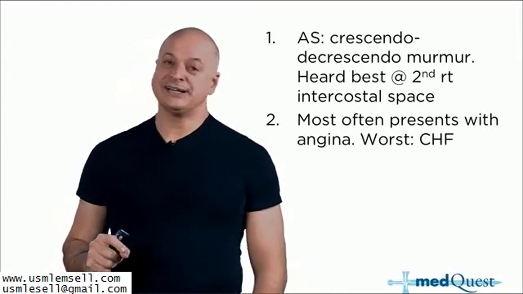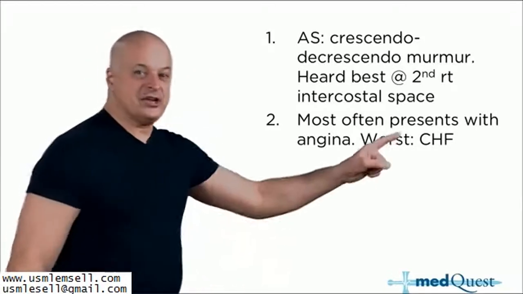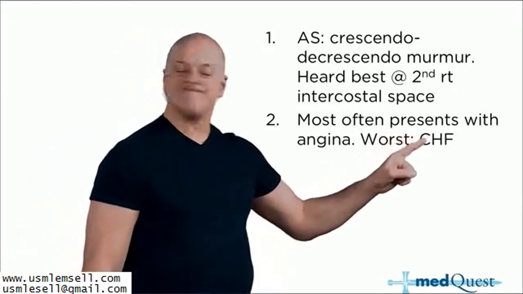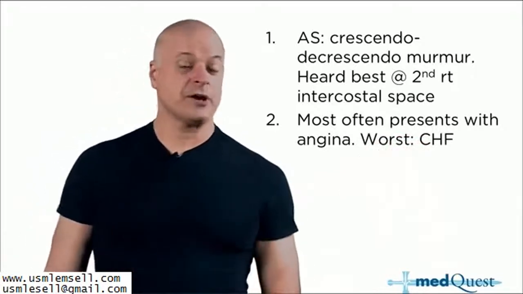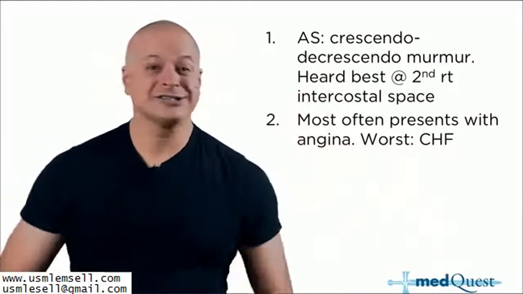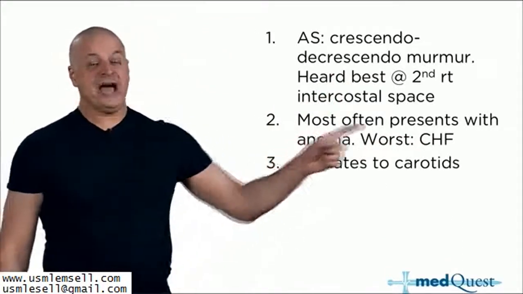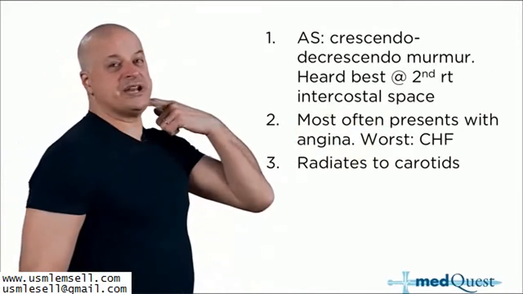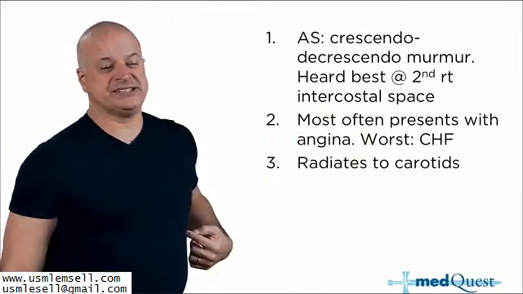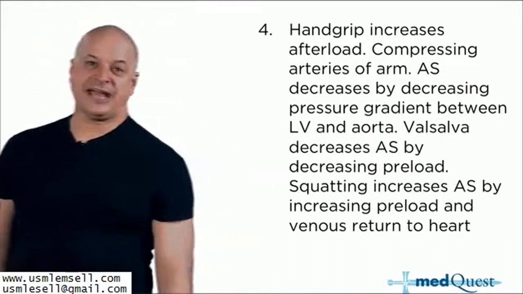Once the heart dilates up in size and you get a dilated cardiomyopathy, all you can do is transplant it. Do you know that we don't have a therapeutic way to shrink hearts? So you die instead. Now, the basic thing is that aortic stenosis radiates to the carotid, mitral regurg radiates to the axilla. Aortics to the carotid, mitral valve go to the axilla.